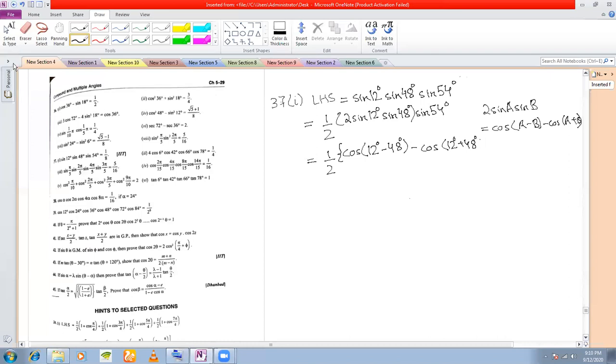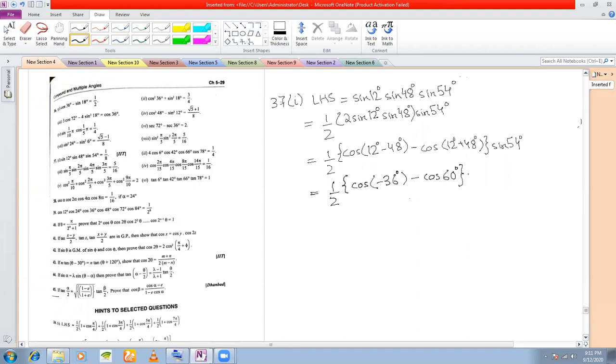Okay, so this will now be half cos minus 36 degree minus cos 60 degree. Now see, sine 54 can also be written as cos 90 degree minus 54.